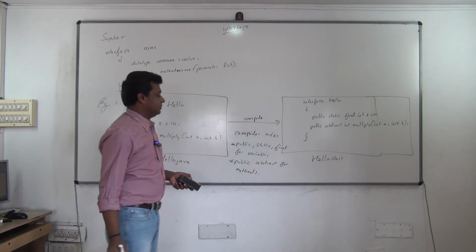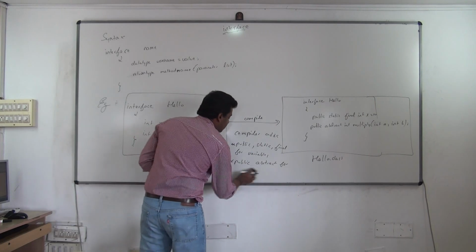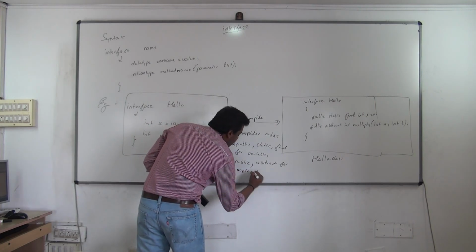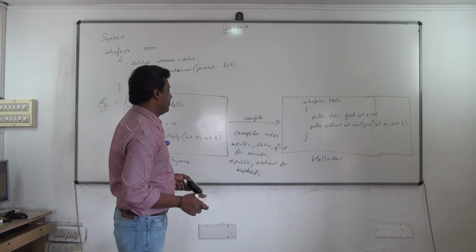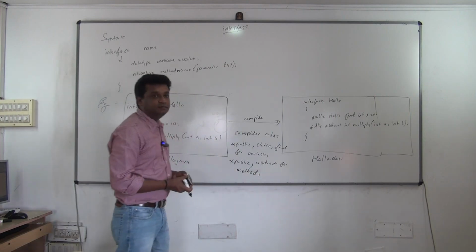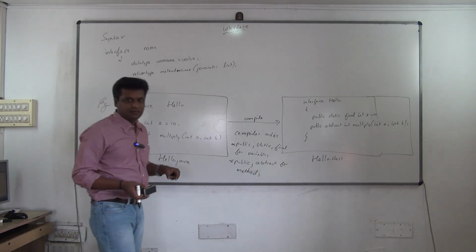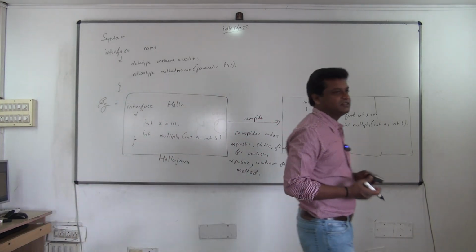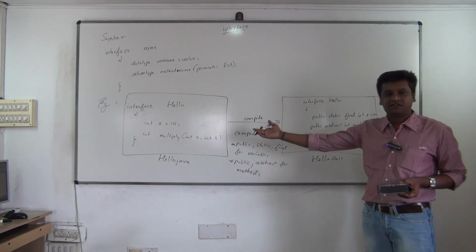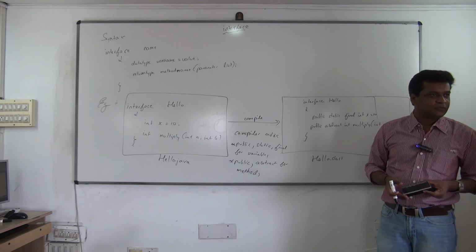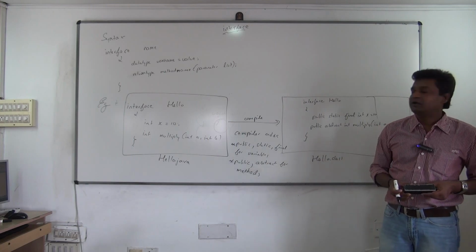Compiler. Public and abstract for methods. Compiler is adding now. Are you clear on this? Okay. So I just gave a minimum introduction. Still more we'll see now. That's the syntax. This is one example. And once you compile, this is what is getting generated. So we'll take a good example now and we'll start seeing.